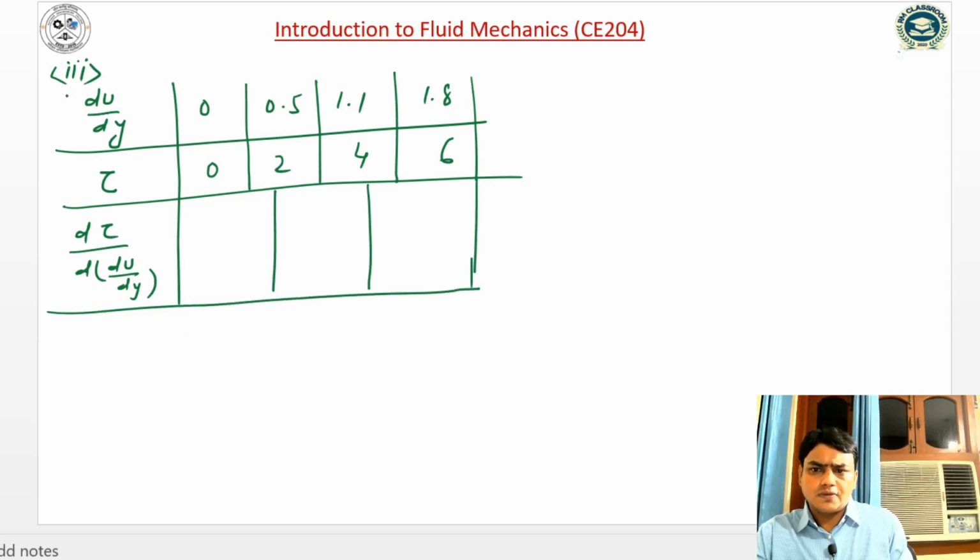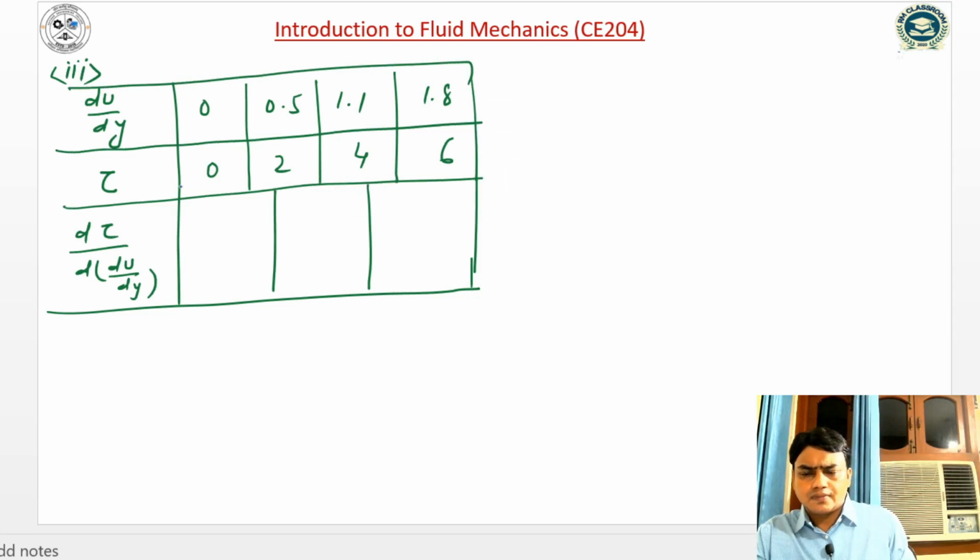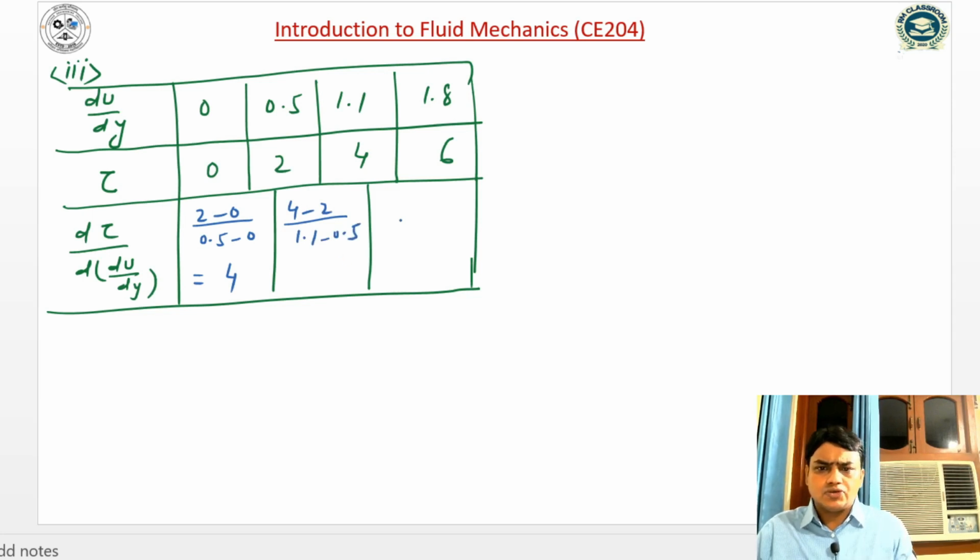If I compute the slope, it will be 2 minus 0 divided by 0.5 minus 0. So 2 by 0.5 is 4. Here 4 minus 2 divided by 1.1 minus 0.5, so it will be 2 divided by 0.6, which is 3.33.